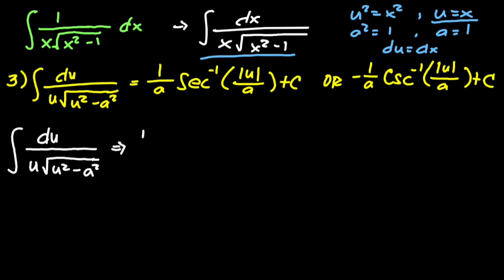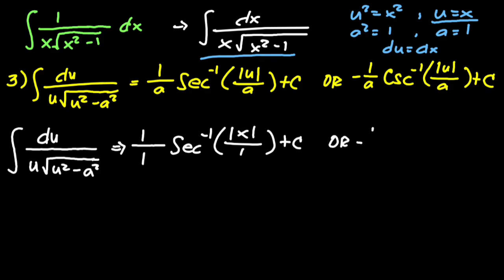So it will become 1 over a, here 1, multiplied by arcsecant of the absolute value of u, which is x over a, which is 1, plus c, or negative 1 over 1, which is a, multiplied by arccosecant of the absolute value of u, which is x over 1, plus c.